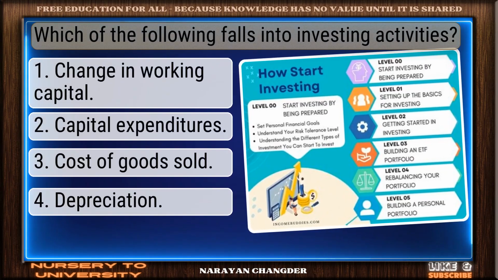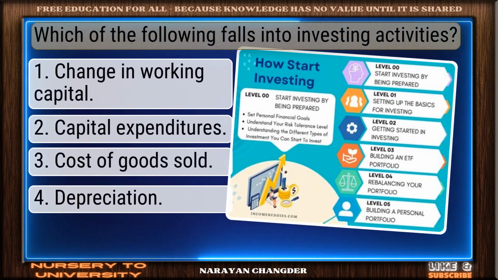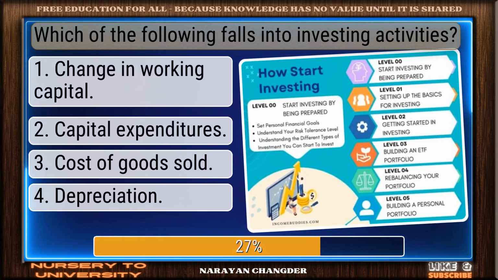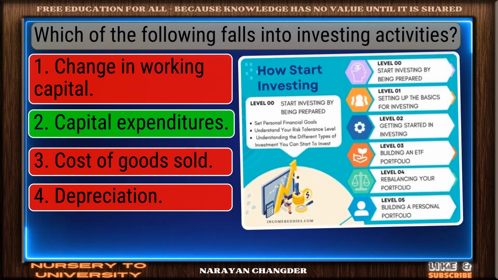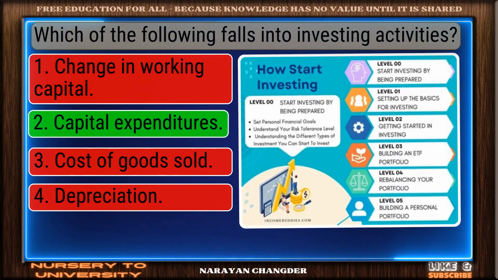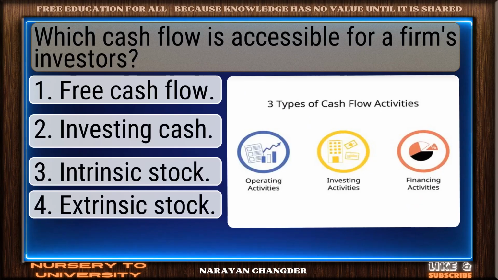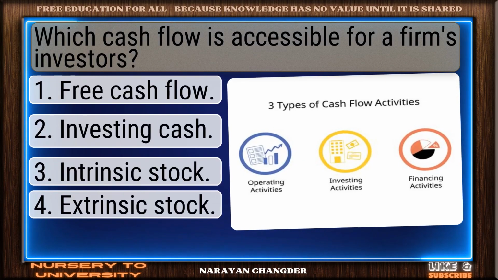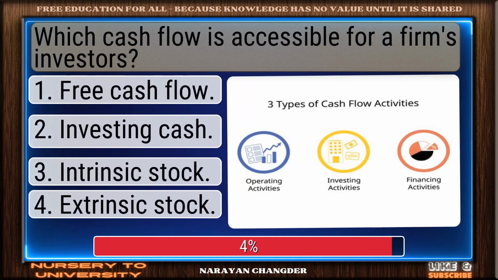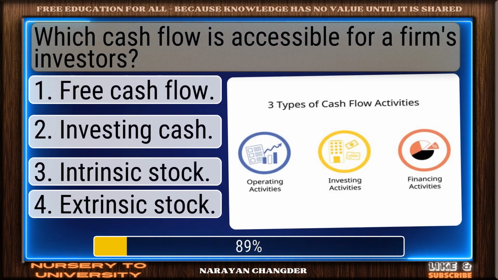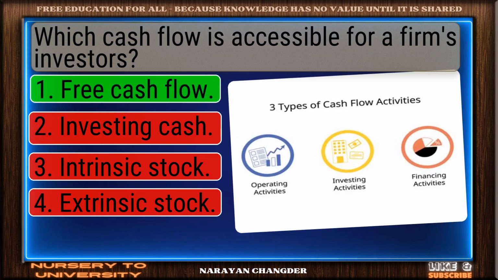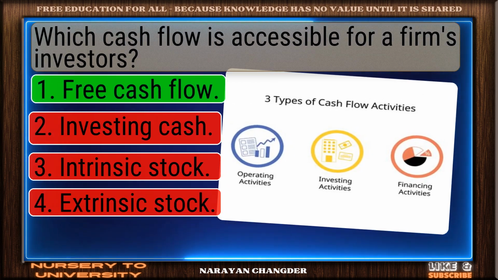Which of the following falls into investing activities? You chose capital expenditures, and it is correct. Which cash flow is accessible for a firm's investors? Perfect. Free cash flow is the correct choice.